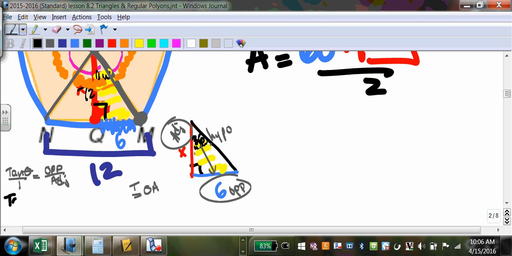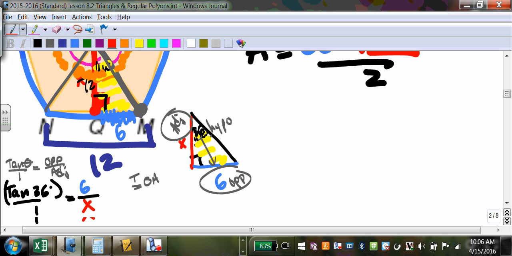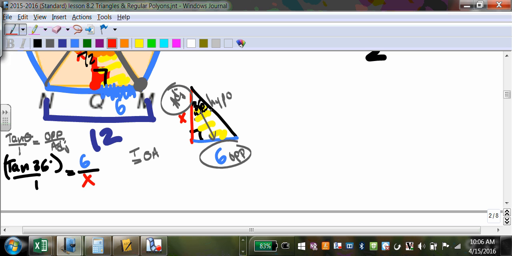Now we're going to write tangent, 36 degrees. Put parentheses around that, over 1 equals opposite, which is our 6, over adjacent, which is our x. Still okay? Okay, we're going to cross multiply. You end up with tan 36 times that x over 6.